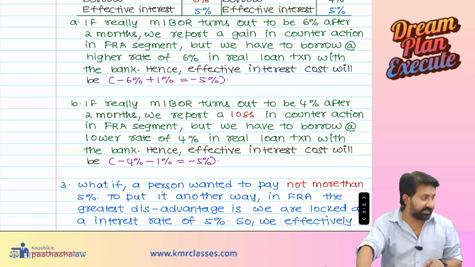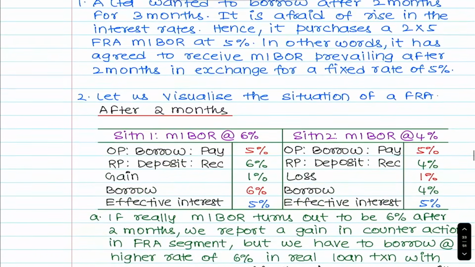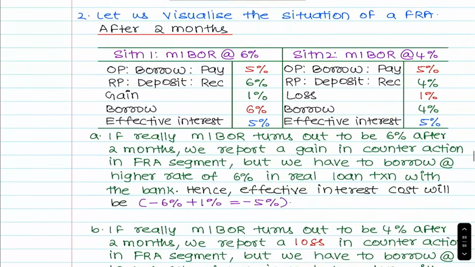Read my analysis. Point A, point B, and point number 3. The 1, the 2, the 3.